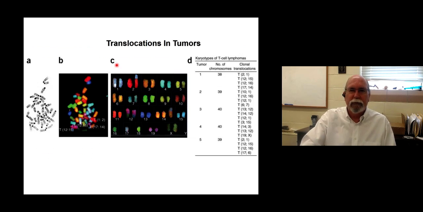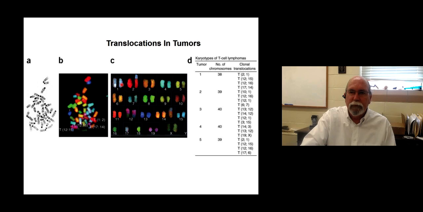One of the areas where we're starting to see evidence of translocations having effects is in some types of tumors. This is just an example of some T-cell lymphomas. And note, these are different tumor types. You'll notice these parts over here are telling you which ones are interconnected. So this is a translocation from the first to the second, and that's this right here.